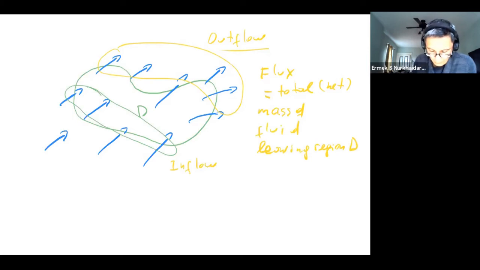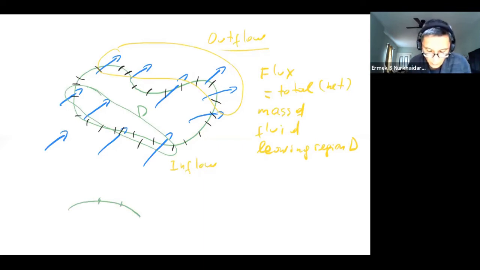As usual, we'll divide the whole thing into small pieces, right? Like we usually do. And then we're going to pay attention only to a small piece. So let's have a look at what's going to be happening on a small piece.